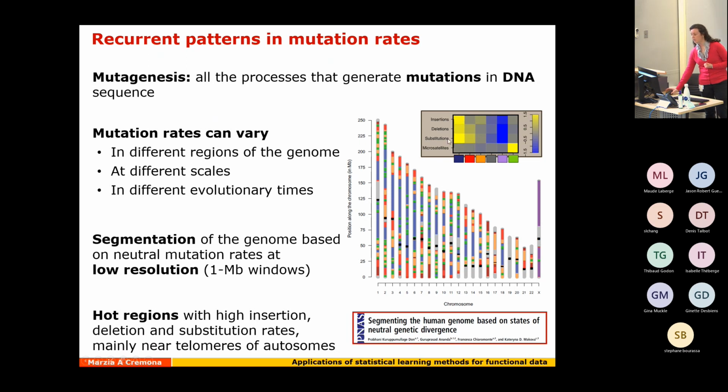So these are regions of the genome where we have a huge mutation rate with respect to the average of the entire genome. In this publication, they produced this segmentation using very low resolution data. They were looking at windows of 1 megabase along the genome.